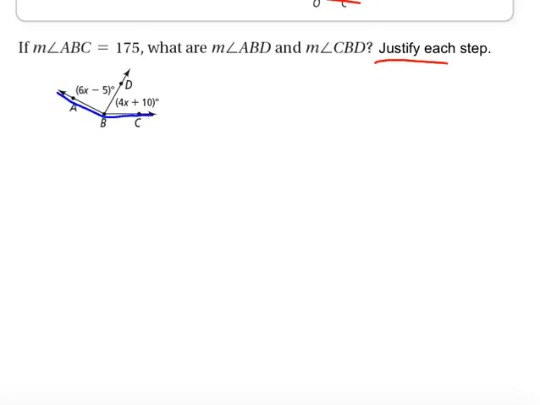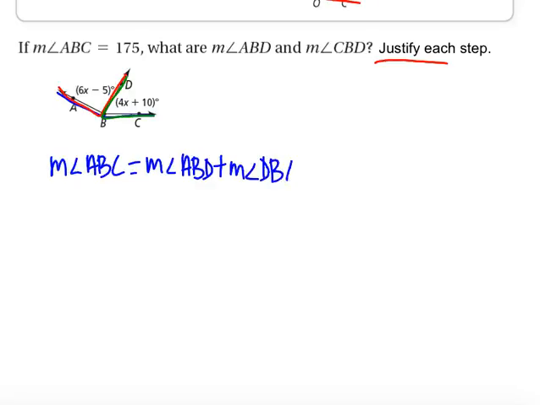So the measure of angle ABC equals the measure of these 2 smaller ones added together. Let's write that up: measure of angle ABD plus the measure of angle DBC. And that is angle addition postulate.